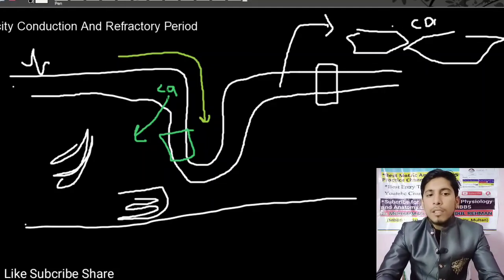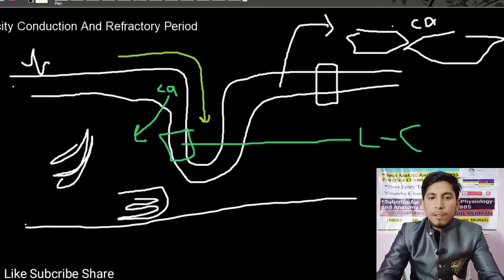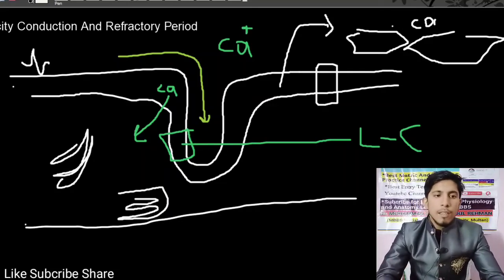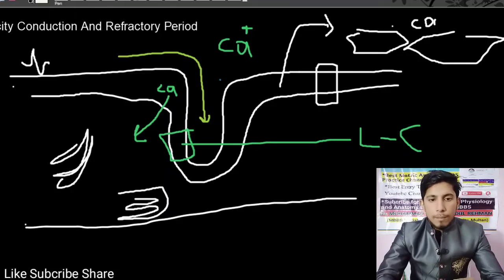The diffusion of this calcium causes the opening of this L-type calcium channel. This is an L-type calcium channel. This opening of the L-type calcium channel causes the influx of a large amount of calcium that is present in the extracellular matrix into the cell.